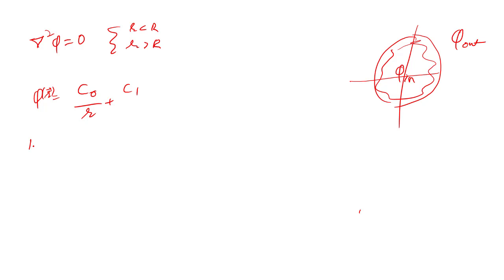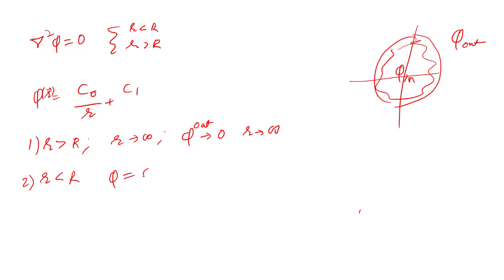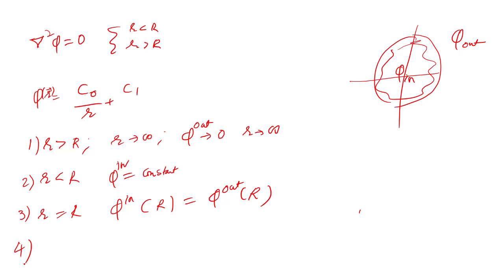Then by using boundary conditions, for R greater than R, when R goes to infinity, phi out goes to 0. The second condition was for R less than R, phi in is equal to constant. The third condition was at R equal to R, phi in of R is equal to phi out of R.